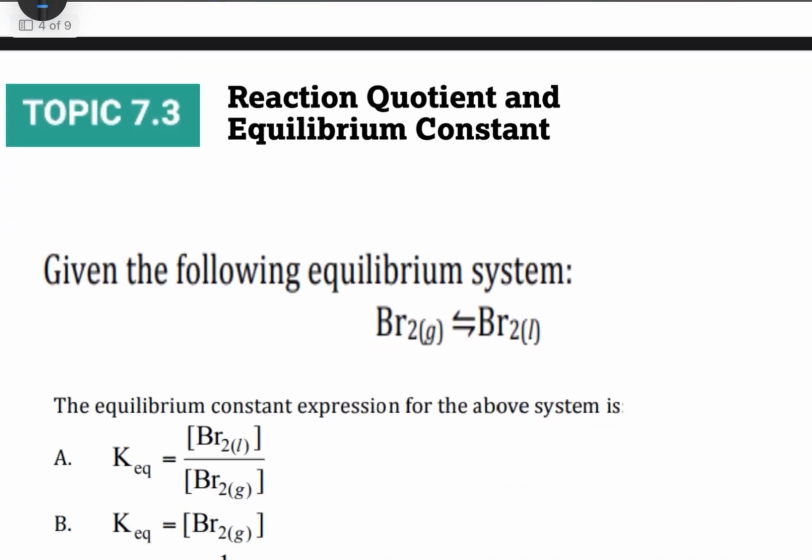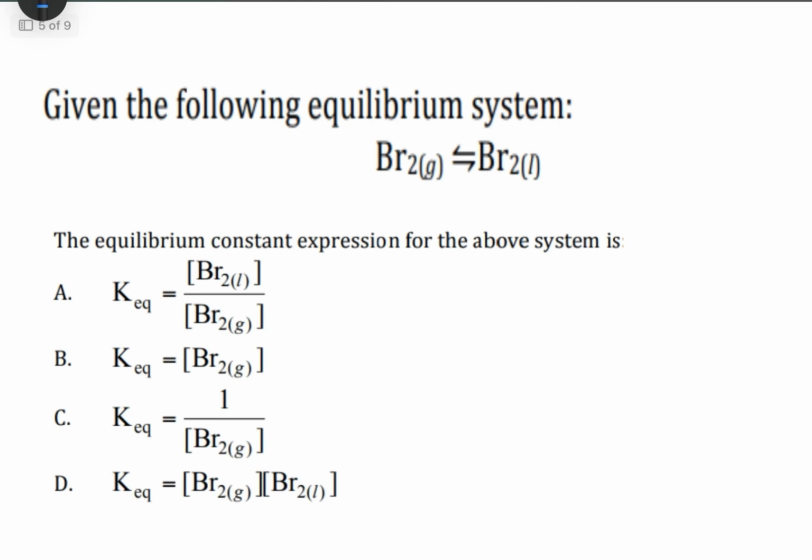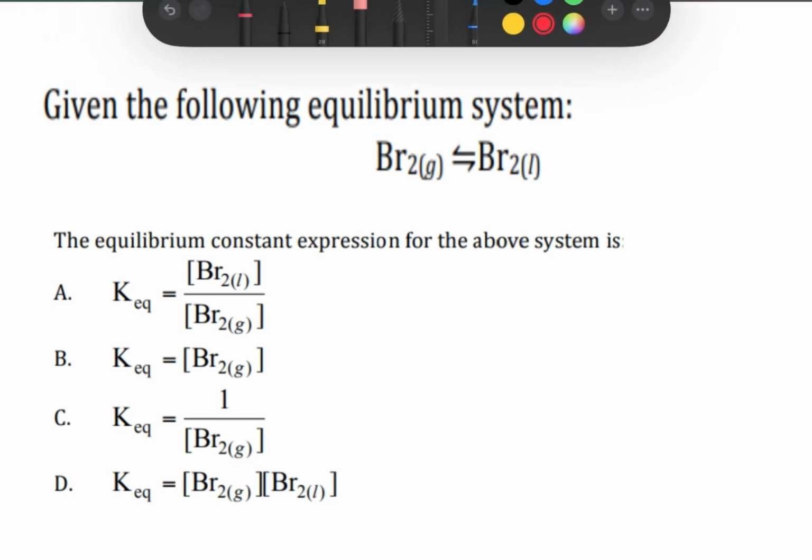Let's go to the next one. Pause the video and read the question carefully. Given the following equilibrium system, what is the equilibrium constant expression for the system above? Since this is a liquid, we do not include it in our expression, and this one here is included. Then Kc is equal to 1, because this is a liquid, divided by the concentration of Br2.